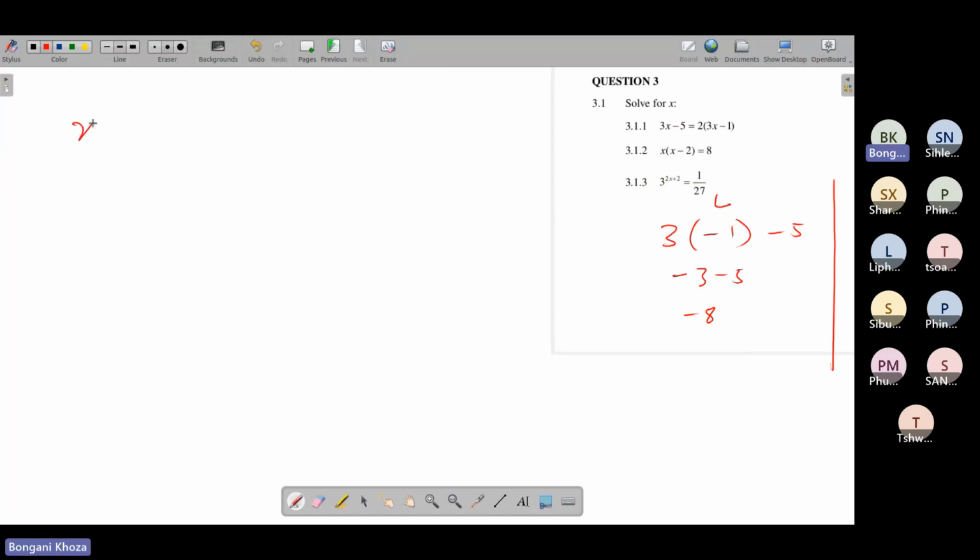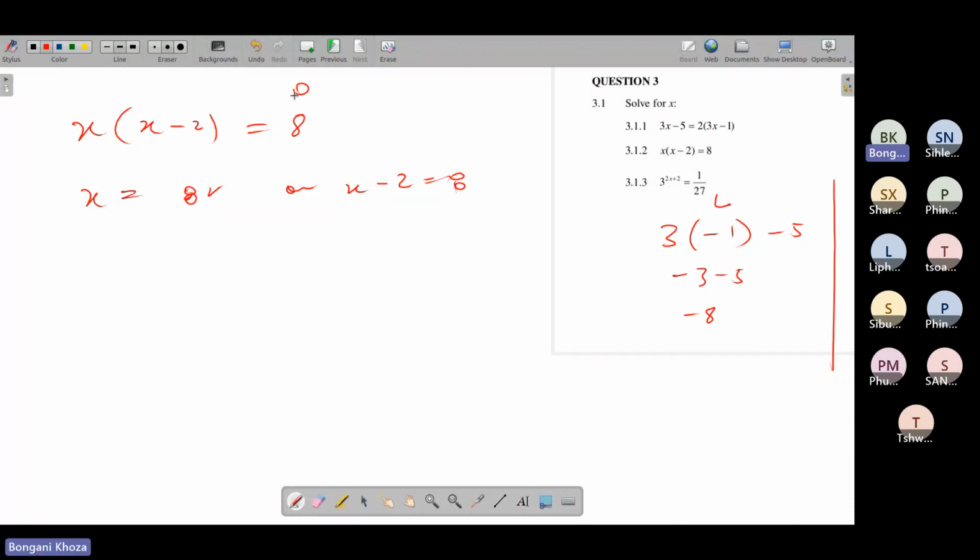Yeah, so asking us to solve for x as well. So it's x into x minus 2 equals 8. Right. So if this was 0, you could have just said x equals 0 or x minus 2 equals 0, but it's equals to 8. You cannot say this equals 8 or that equals 8.